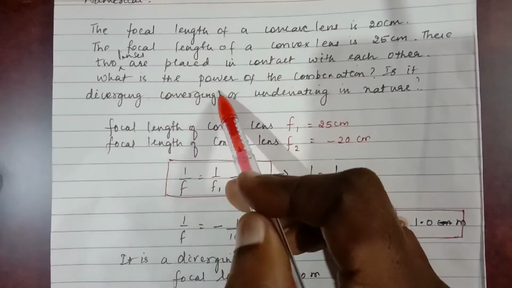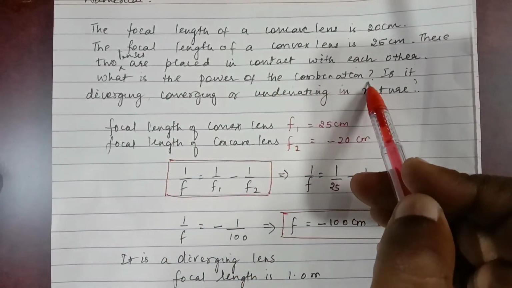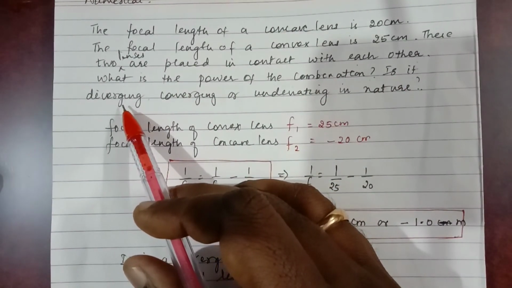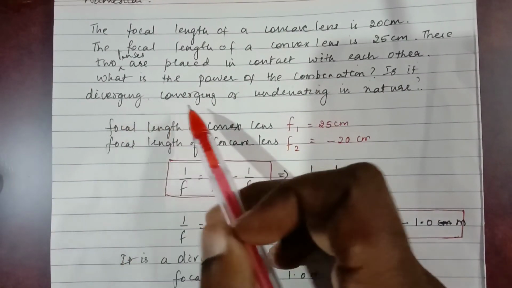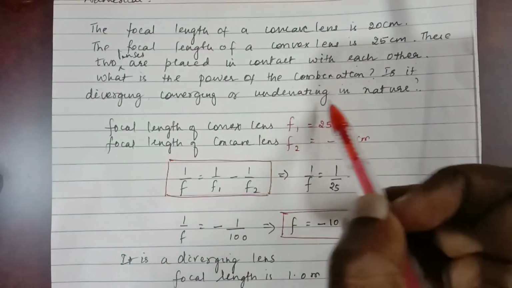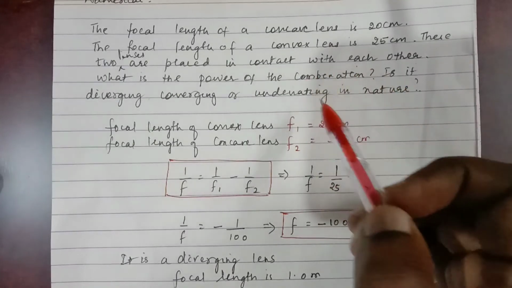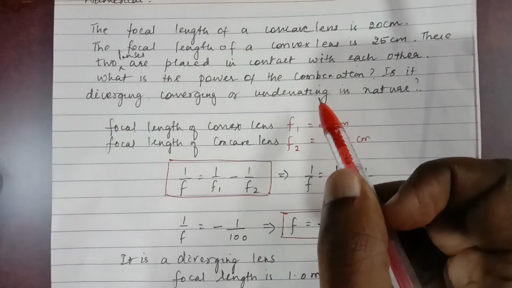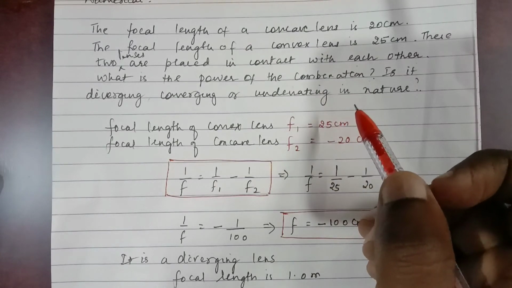So what is the power of the combination? We have to find out the power. Is it diverging, meaning concave lens, converging, or convex lens, or undeviating in nature? So we have to determine whether it is a diverging or converging lens.